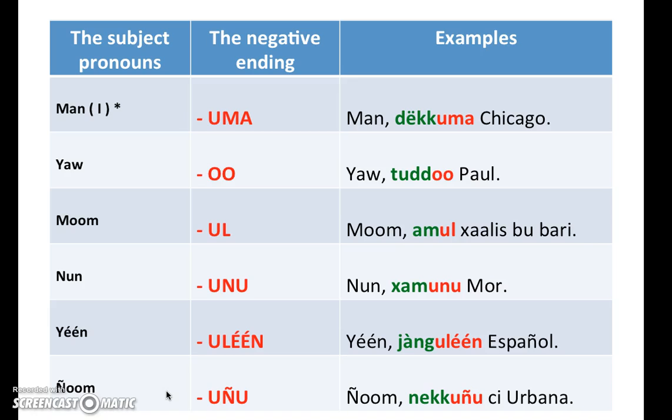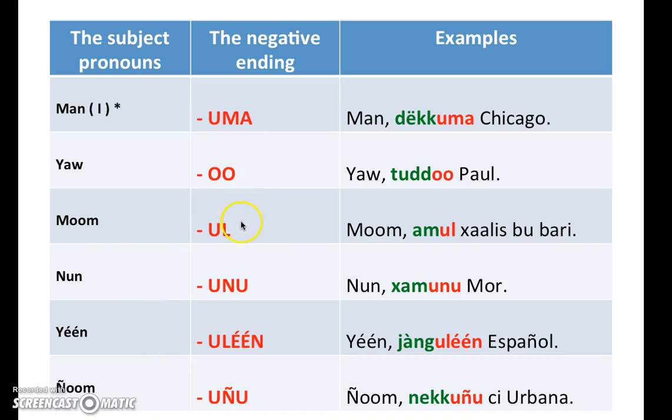Jànguleen espagnol, you don't study Spanish. Ñoom nekkuñu ci Urbana. The verb nekk means to be. So they are not in Urbana. Again, here are the endings.